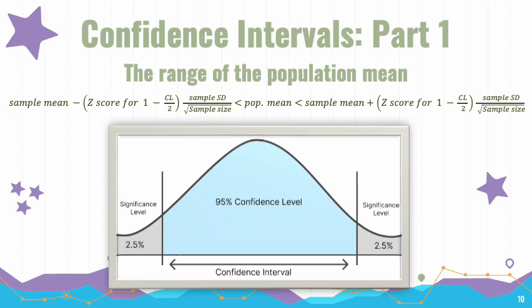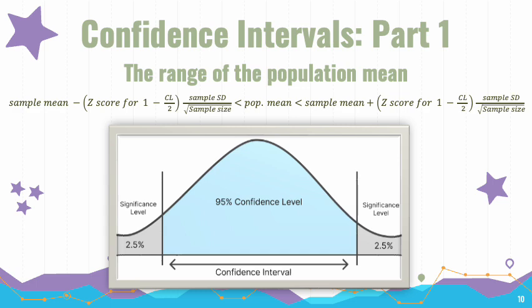This range or bounds is computed using a complex statistical formula that I have listed on the page. The formula takes into consideration the sample mean, the confidence level desired, which I have abbreviated as CL, the standard deviation for the sample, and the sample size. Explaining the proof behind how and why this formula works would be far beyond the scope of this course.